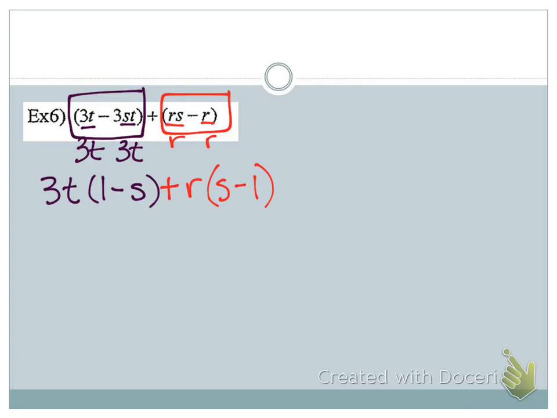Questions about those first couple steps of just factoring GCFs out of those parentheses only? Okay, then we have to move on and see if we can factor out more, just like we started doing today. So this is us grouping. Now, are we going to need to use a negative or opposites in order to continue? Yes. How do we know?